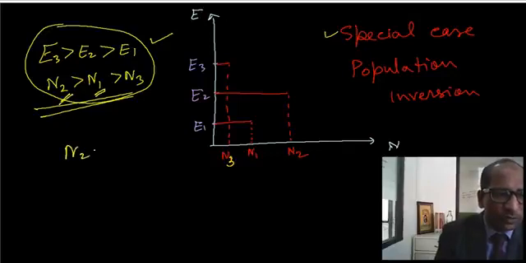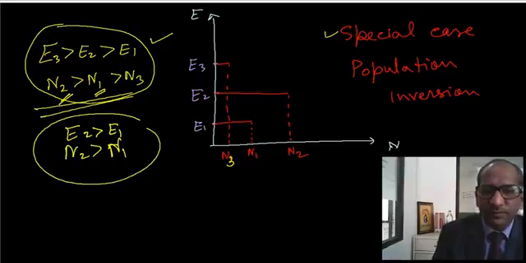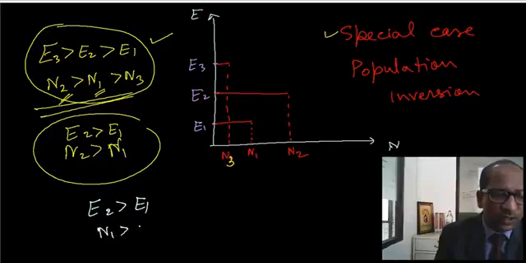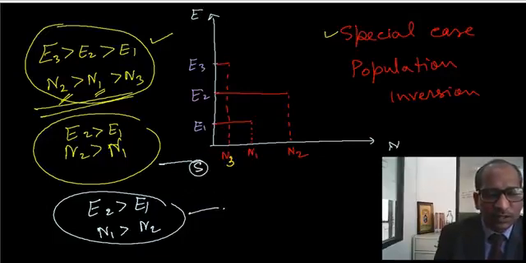Here N2 is greater than N1, still E2 is greater than E1. And earlier, in the first situation, the general case, E2 still is greater than E1, but N1 was greater than N2. So these are two cases. This is a special case and this is the general case, right?